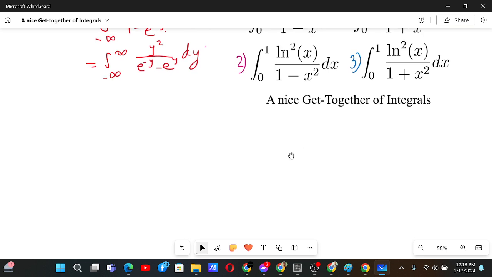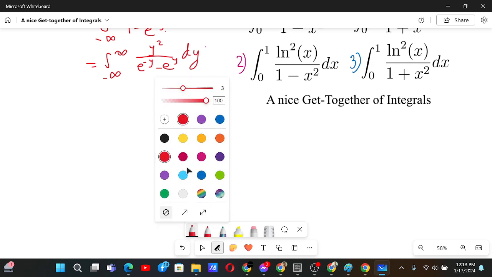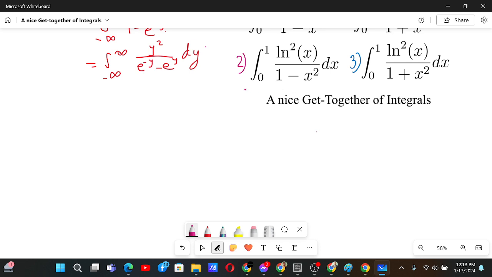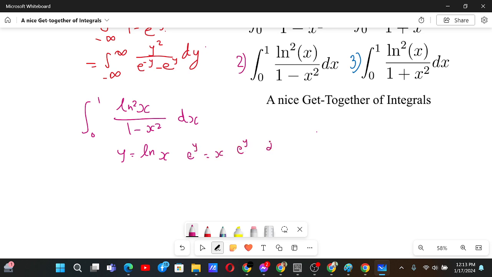For this, if you are familiar with the digamma function, you might see the solution at hand itself. So for this integral, first of all, let's try to do the same as we did earlier. We can let y equals ln x, and then e to the power y equals x, e to the power y dy equals dx.